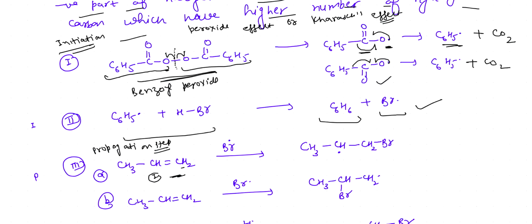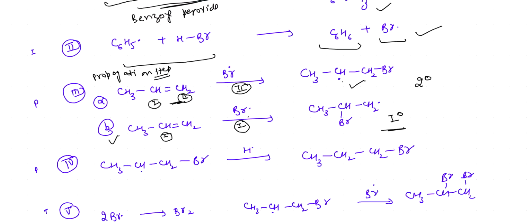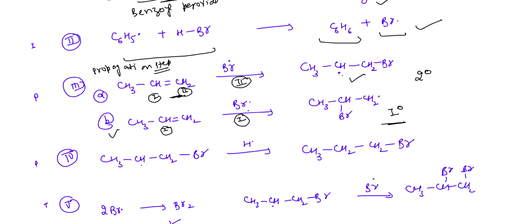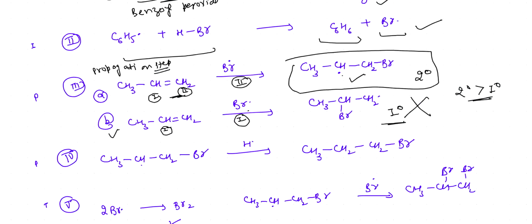When the bromine free radical is added to carbon number 2, it generates a free radical which is secondary in nature. In case B, the bromine free radical is added to carbon number 1 and generates a primary free radical. As we have already discussed, a secondary free radical is more stable than a primary free radical. So the major product will be formed via this free radical. This is your secondary free radical.